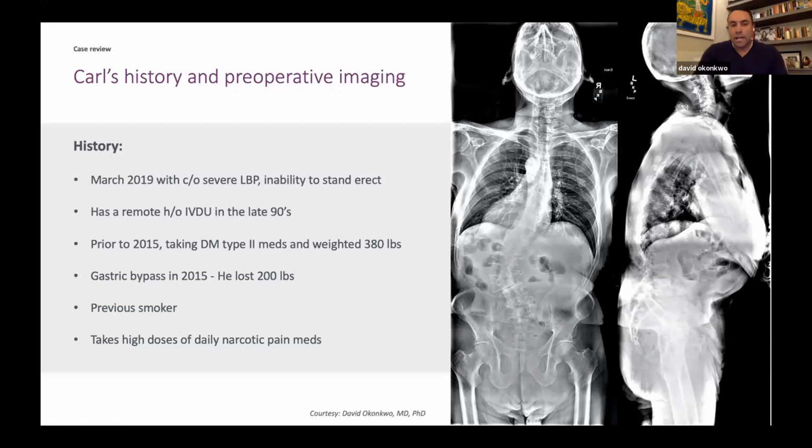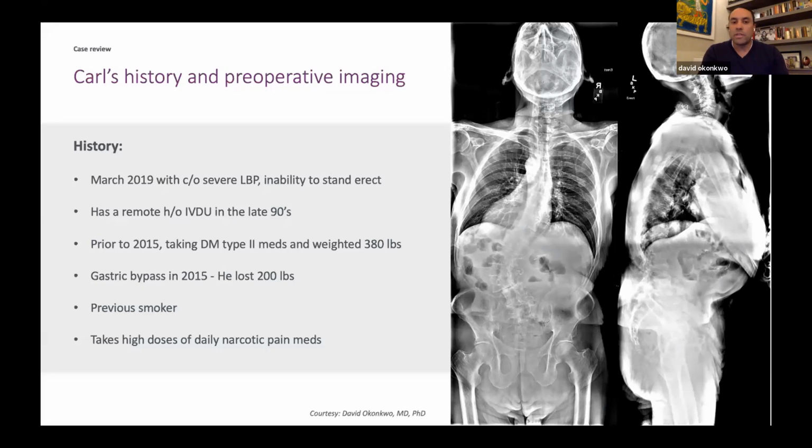So at this point, Carl re-engages and goes through a whole host of goals that we had talked about a few years earlier that he had achieved, but there were some additional things that we then needed to look into. We needed to address his preoperative nutrition status, because you can imagine with gastric bypass and losing 200 pounds, you're at risk for malnutrition, you're at risk for osteoporosis, plus the previous long history of smoking.